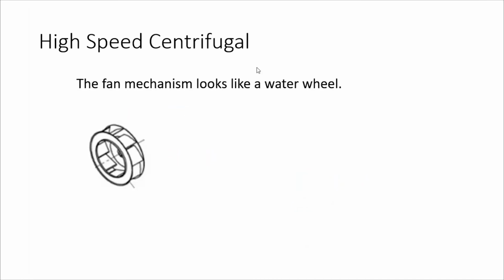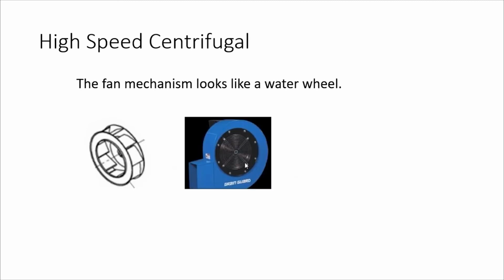The high-speed centrifugal is probably one of the most popular fans in use. The fan mechanism is again the water wheel type. It has what some would say is a snail look to it, and some farmers refer to it as a Keho fan, because Keho builds a fan that is a high-speed centrifugal.